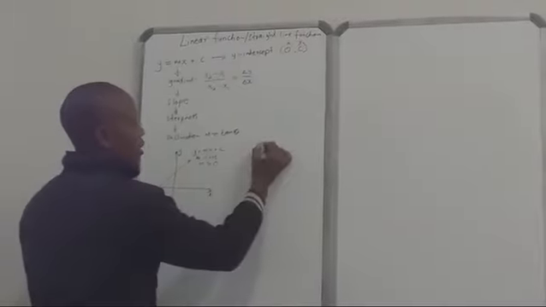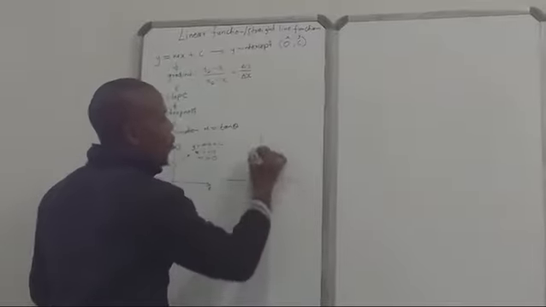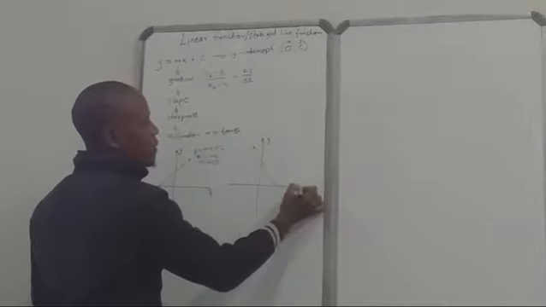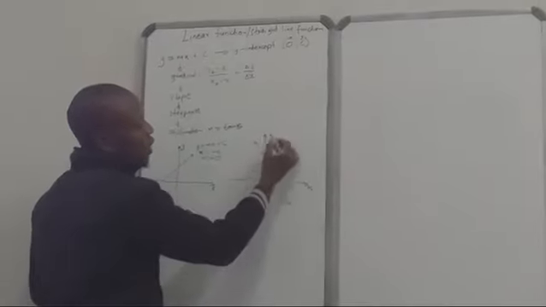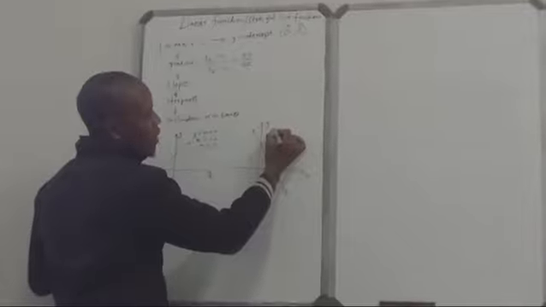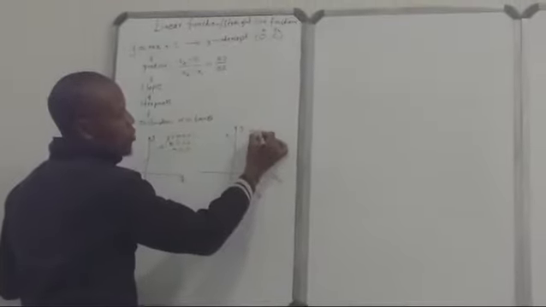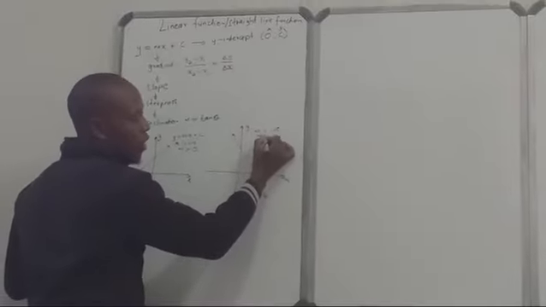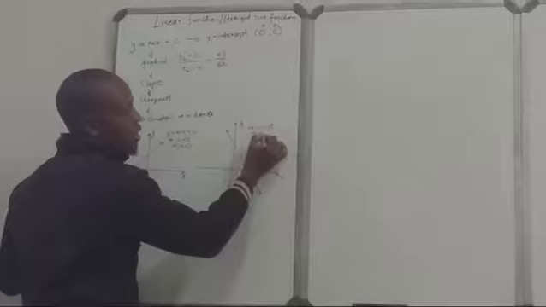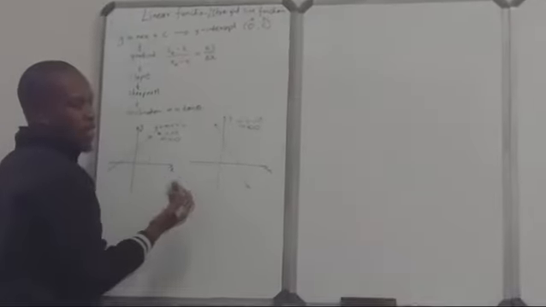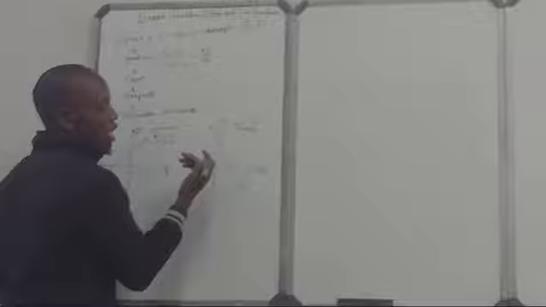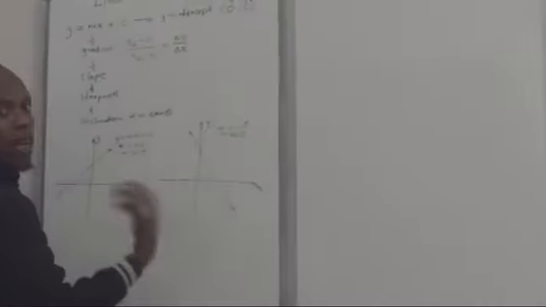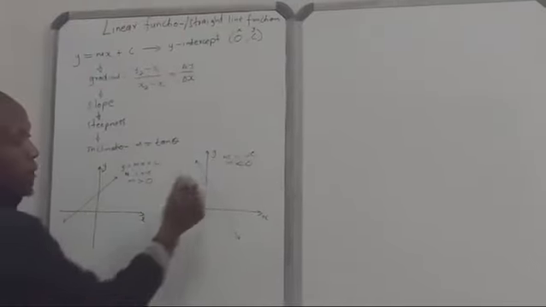Or if your line is going down, then your gradient is going to be negative. We prefer always to write it in this form: m is less than 0. That is a notation that is used mostly.